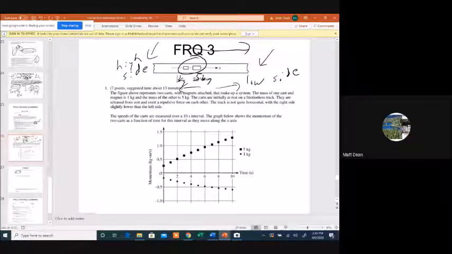What I'm hoping that you're seeing and that you're paying attention to is look right here. Both of those carts at time 0, both of them had momentum. This one is moving. It's got some momentum. This one is moving. It's got some momentum, which means when we started the timer, they were already moving.